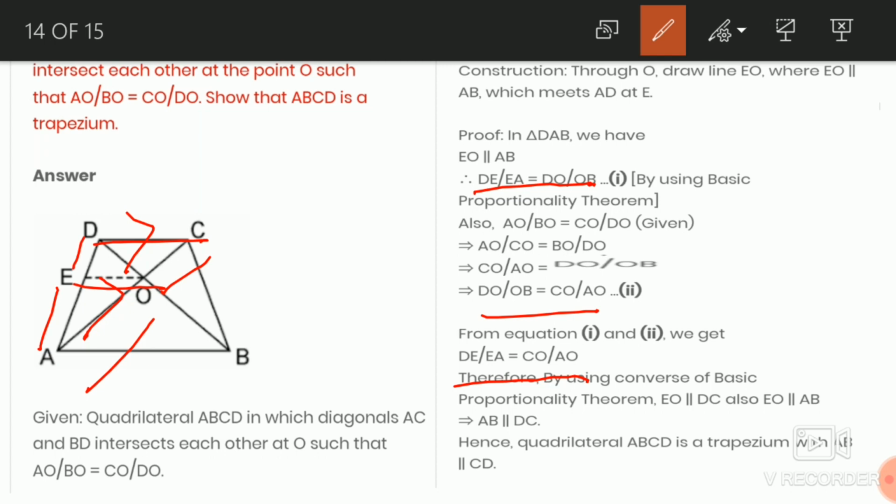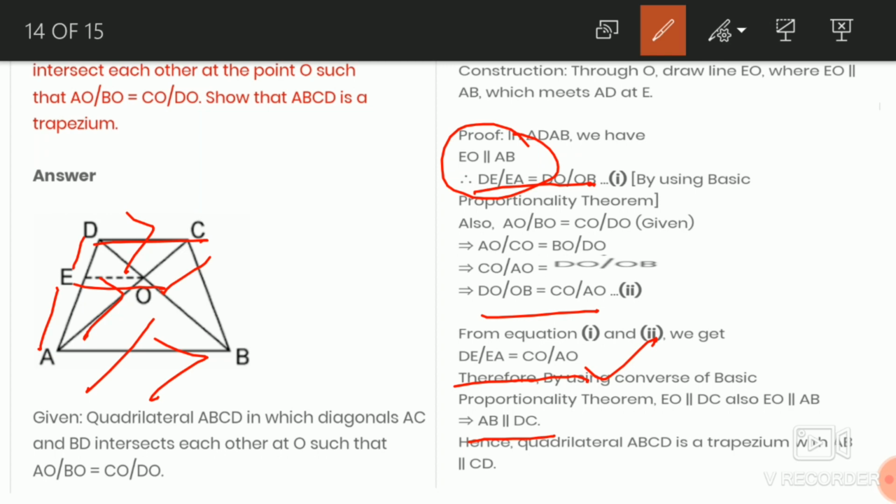So since we have already proven that EO was parallel to AB, and now we have proven in this part that EO is parallel to DC, therefore we can say that AB is parallel to DC.